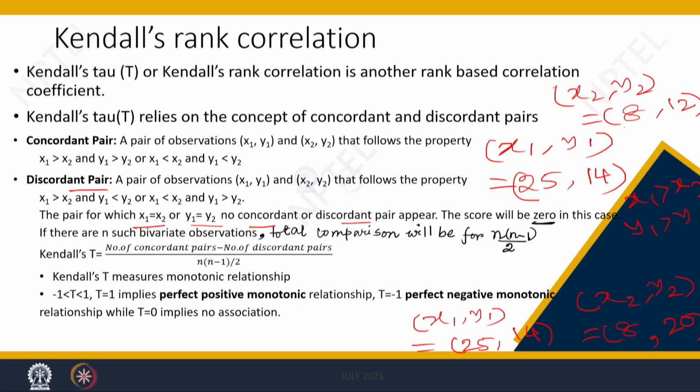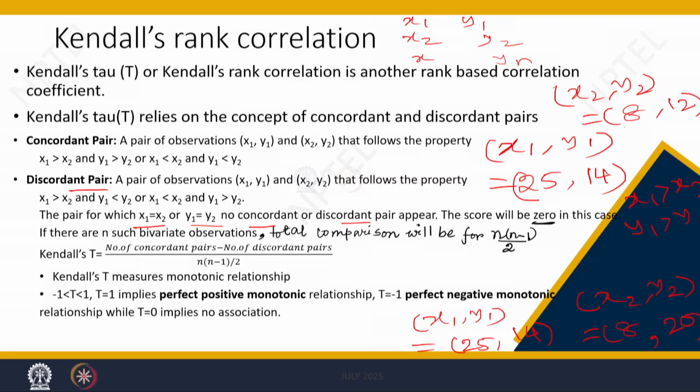If there are n such bivariate observations, the total number of comparisons will be n into n minus 1 by 2. N observations are there, suppose x1 and y1, x2 and y2, up to xn and yn. So how many times do you have to make the comparison?